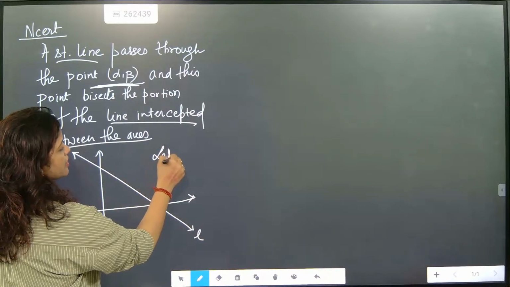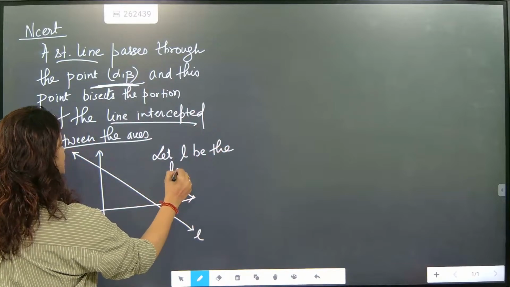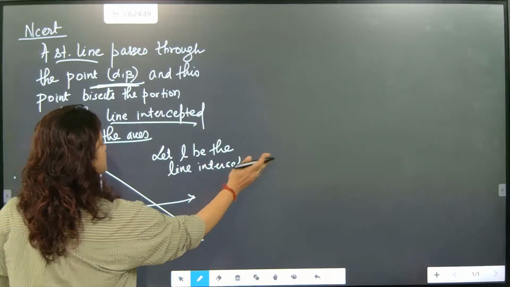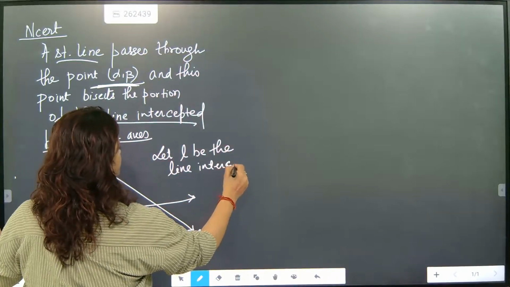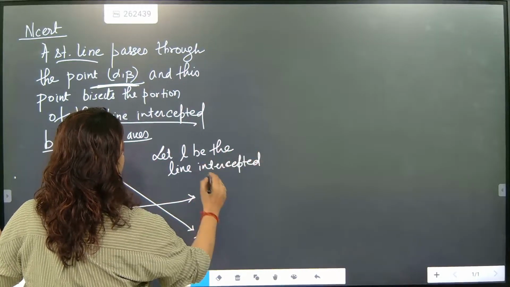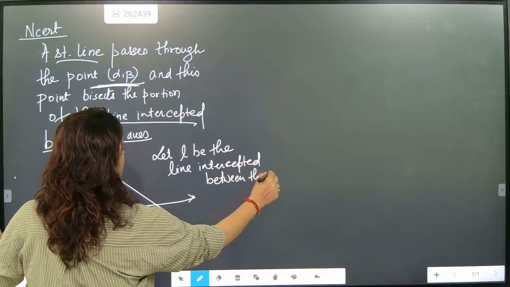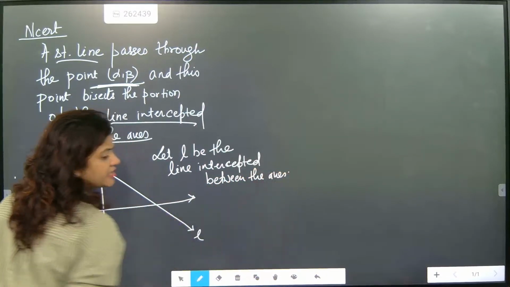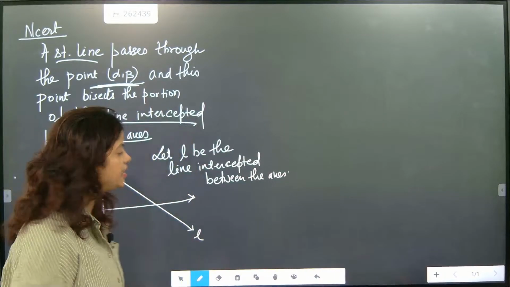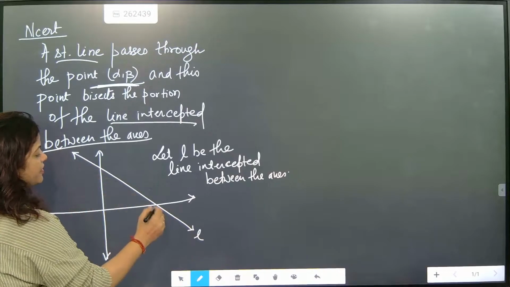So let L be the line intercepted between the axes. L is the line which is intercepted between the axes.